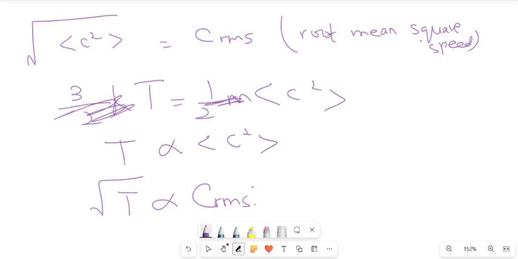So we know how temperature is directly proportional to the average translational kinetic energy of one molecule. That is the formula we made you use to find it. And then we just wanted to see how this alone is mean square speed. If we take its square root, it becomes root mean square speed. I removed all of the constants and took C square, and then I get C RMS. And this is it for this video.